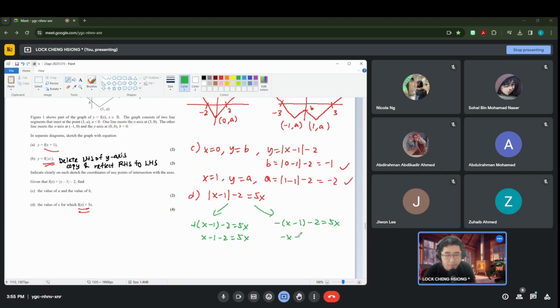So for the first, x equals 3 over 4. Then I have this one: 6x equals minus 1, so x equals negative 1 over 6. Then don't forget, I still need to do checking.